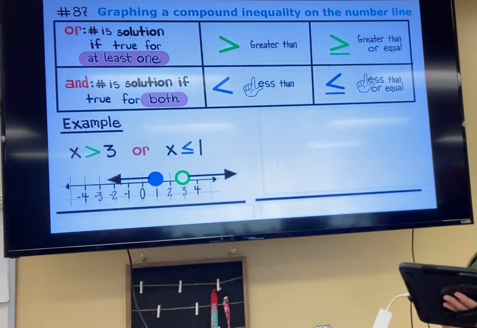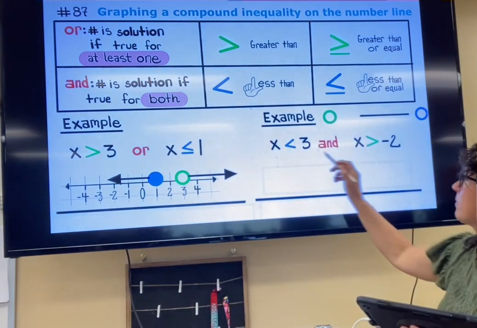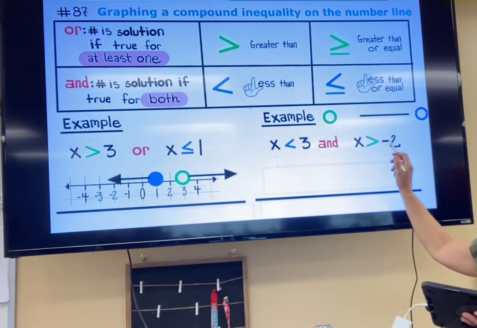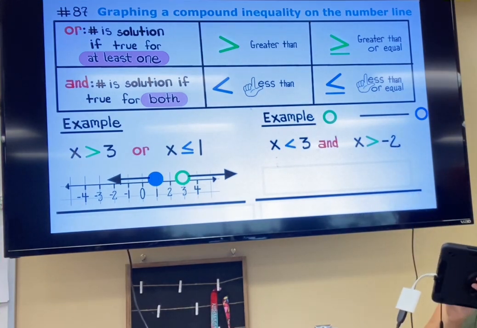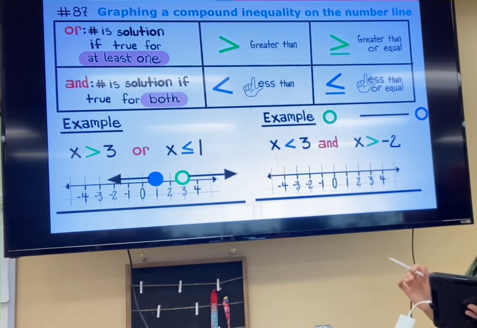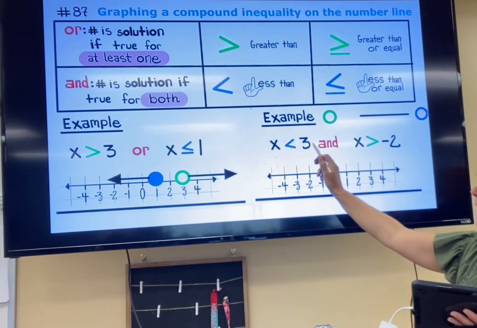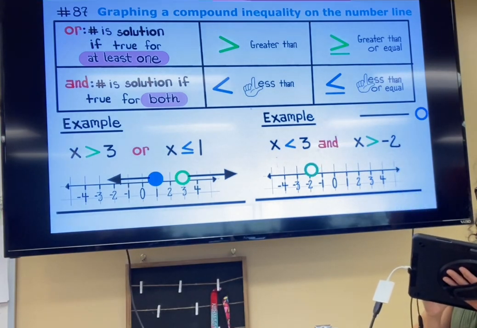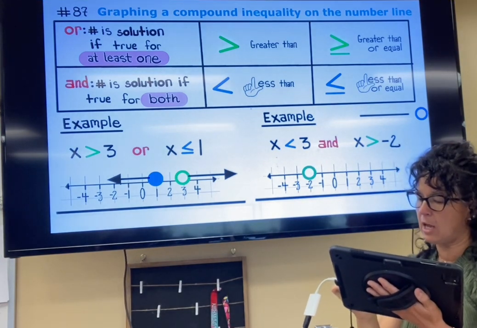Okay, so then this next example, X is less than 3 and X is greater than -2. First thing I'm gonna do is have a number line. I'm gonna go to 3 and -2 and put open dots because those are not underlined.